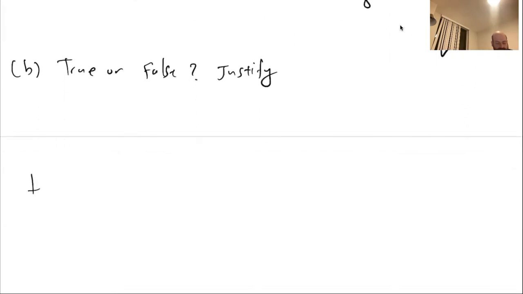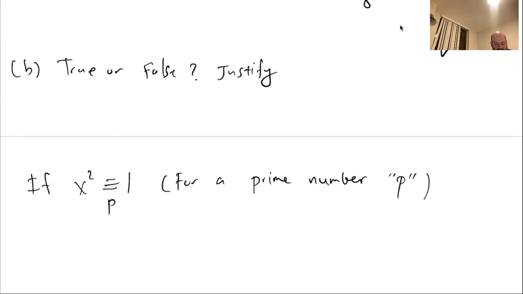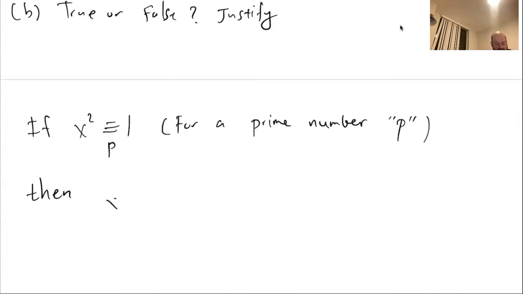If x squared is 1 mod p for a prime number p, then x is 1 mod p or x is -1 mod p.